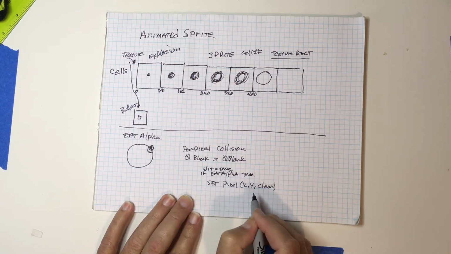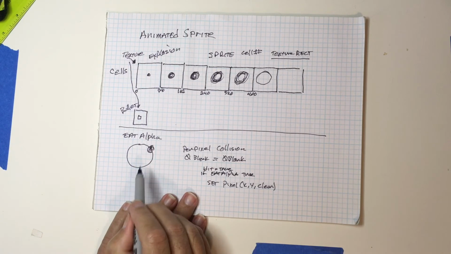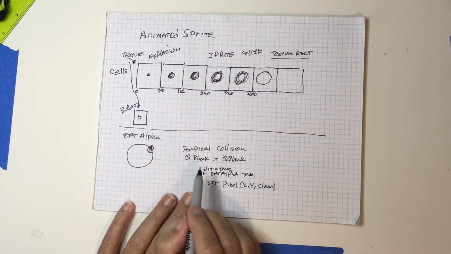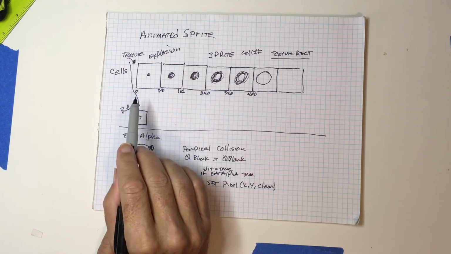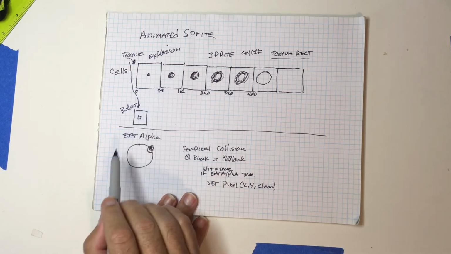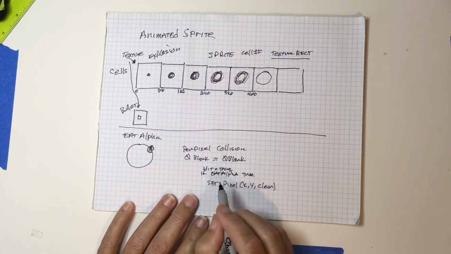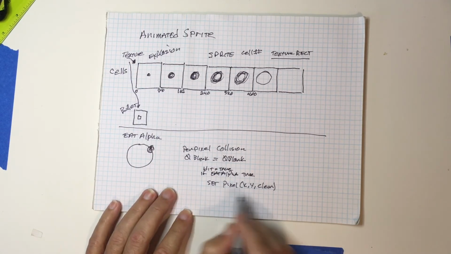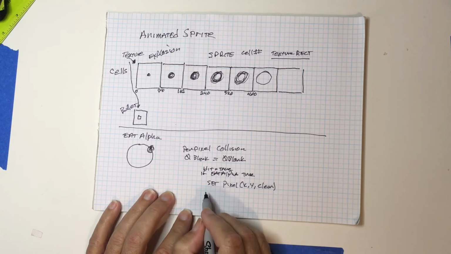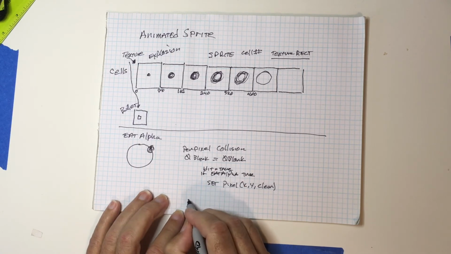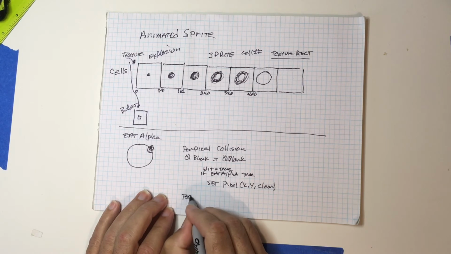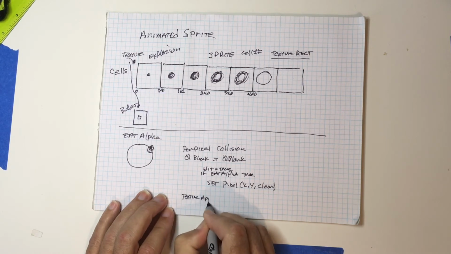Now, when you do a set pixel, it's updating the texture. We're not updating the collision mask. We're updating the actual texture, and so we do the set pixel, but nothing's going to show up until we do the call to texture apply.